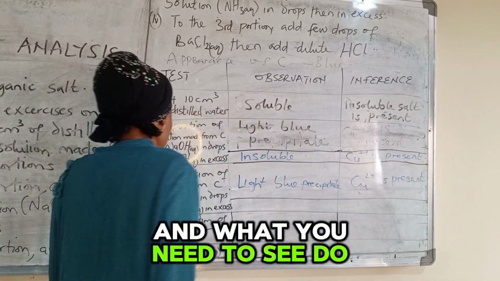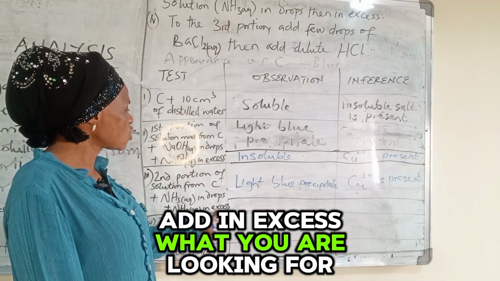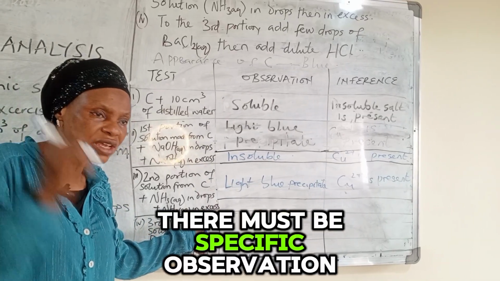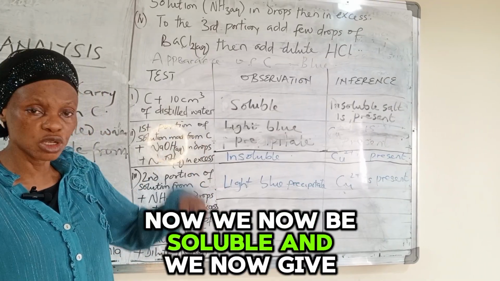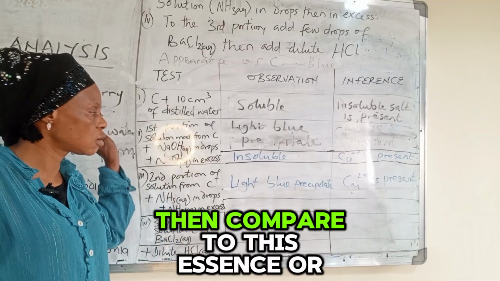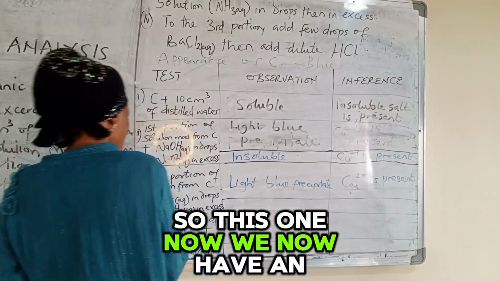And then you will still add in excess. What you are looking for is, if it is copper, there must be a specific observation that you are going to get. This one now will be soluble and will give you deep blue color. Then copper 2 is present or confirmed. So this one now you have in excess.